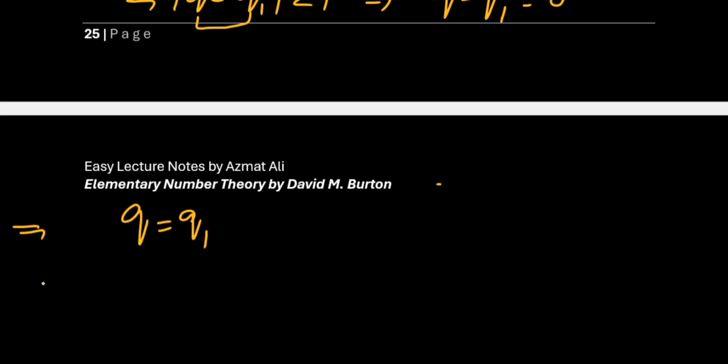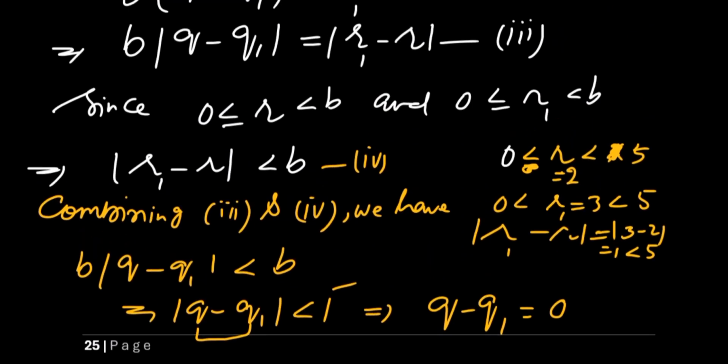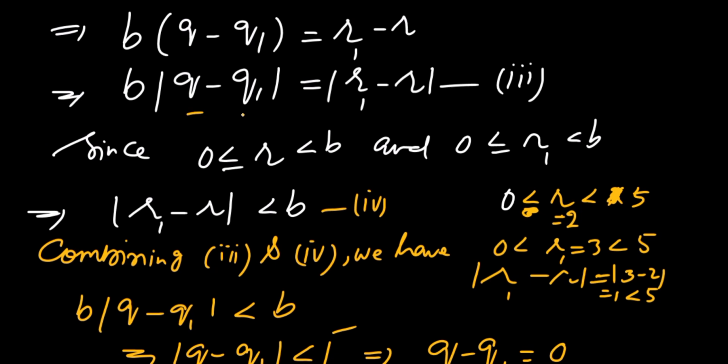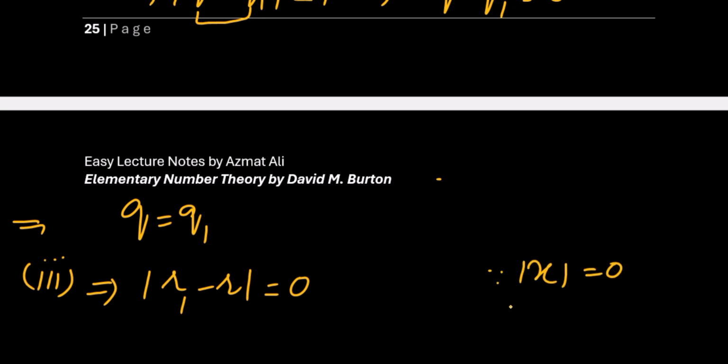Now if you substitute this value of Q in 3, what is here? This becomes 0. This implies absolute of R1 minus R is equal to 0. As you know, if the absolute of some number is 0, this is possible if and only if the number is itself 0.